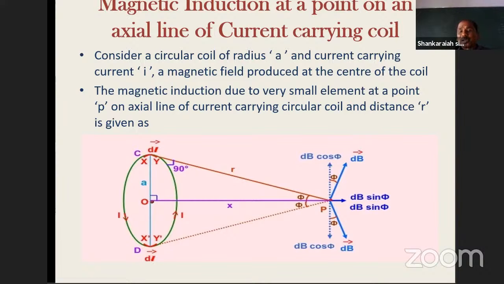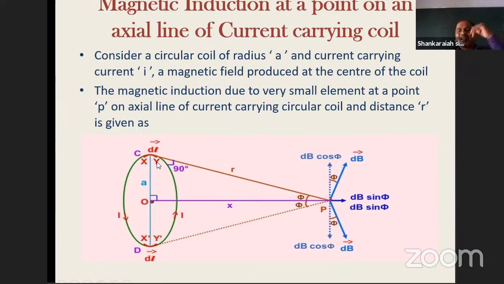One vector is dl bar, another vector is r bar, and this is dB bar, whose direction is perpendicular to the plane of r bar and dl bar.